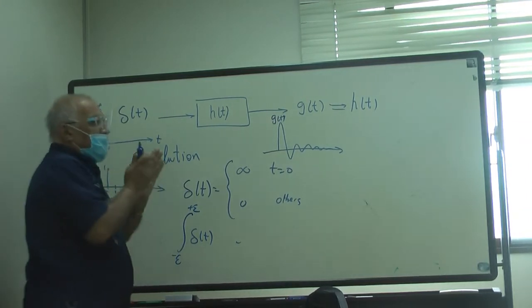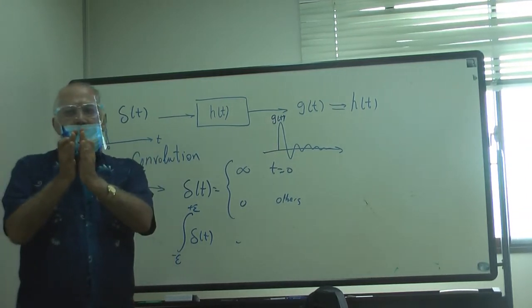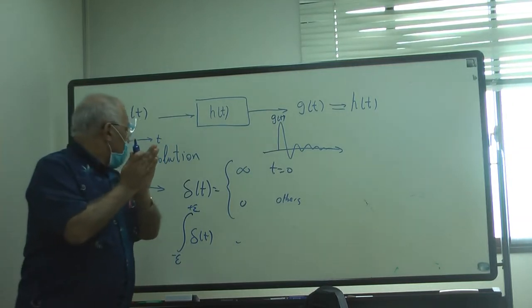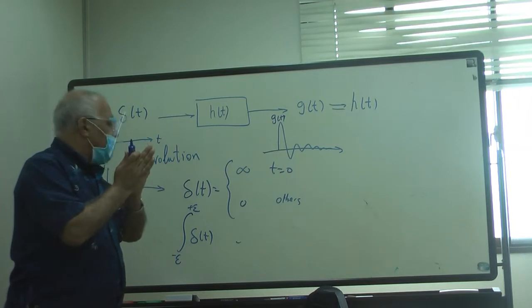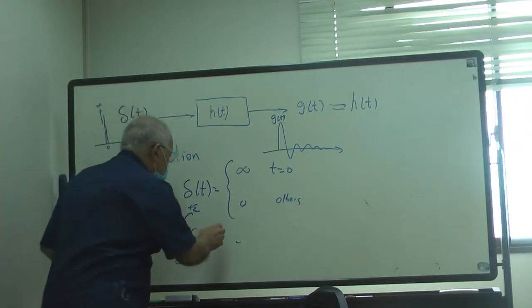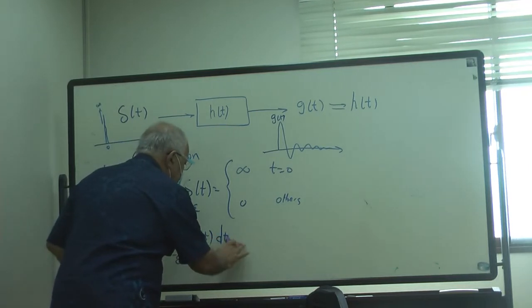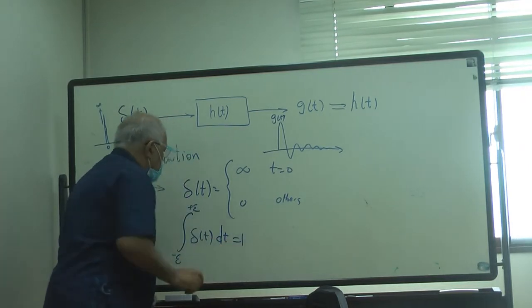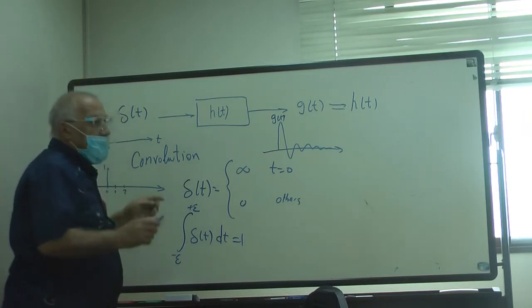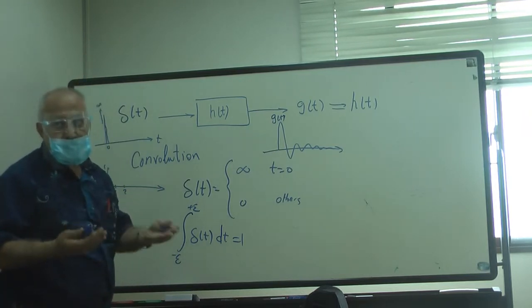It's like you have a pulse, then narrow the pulse to very infinitesimal. Because the energy is 1, this integral becomes 1. The amplitude becomes infinite, but infinite multiplied by 0 is 1, in this case.